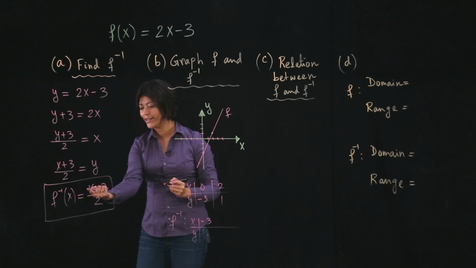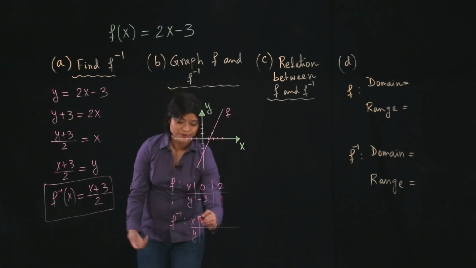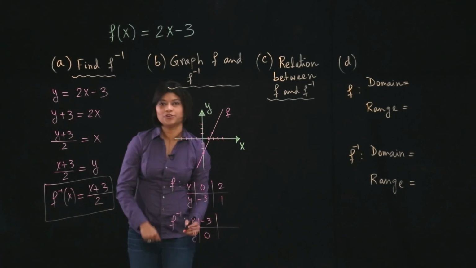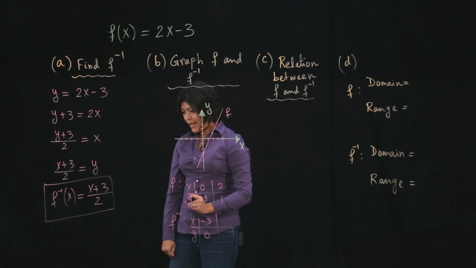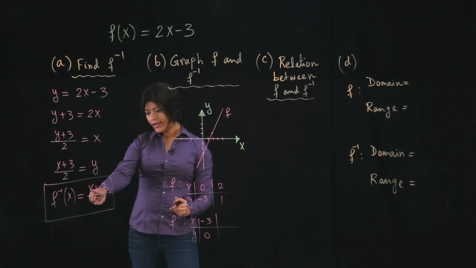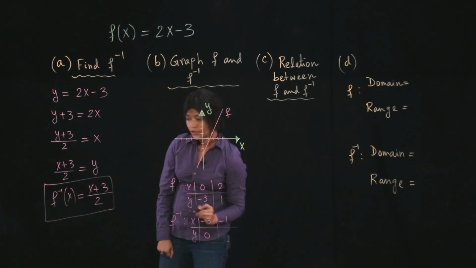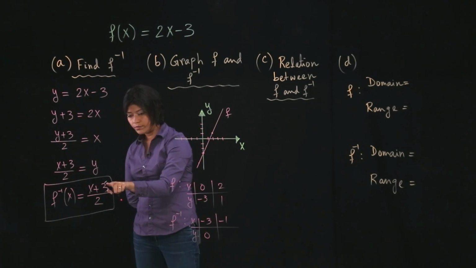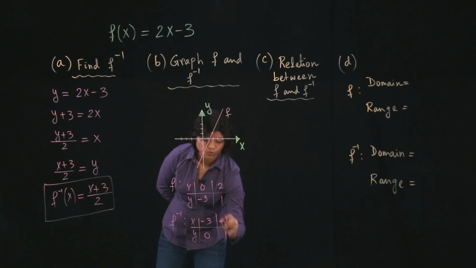If we plug in x equals negative 3, you get negative 3 plus 3, so it's 0 over 2. So I get y equals 0. Again, it's up to you what you want to choose. And let's plug in, say, x equals negative 1. So negative 1 plus 3, that's 2 over 2, y is 1.